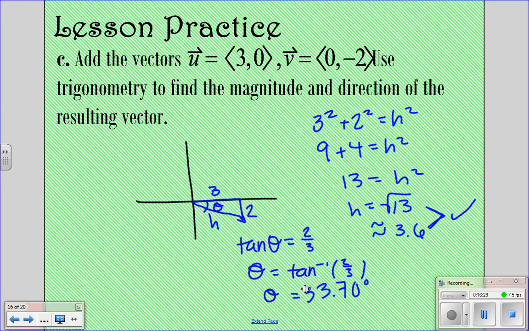Okay. Now, the direction, you always measure the direction starting from the positive x-axis and going counterclockwise. And so what I'm drawing in red is the actual direction that we need to find. So on the example, I'm going to go back to it.